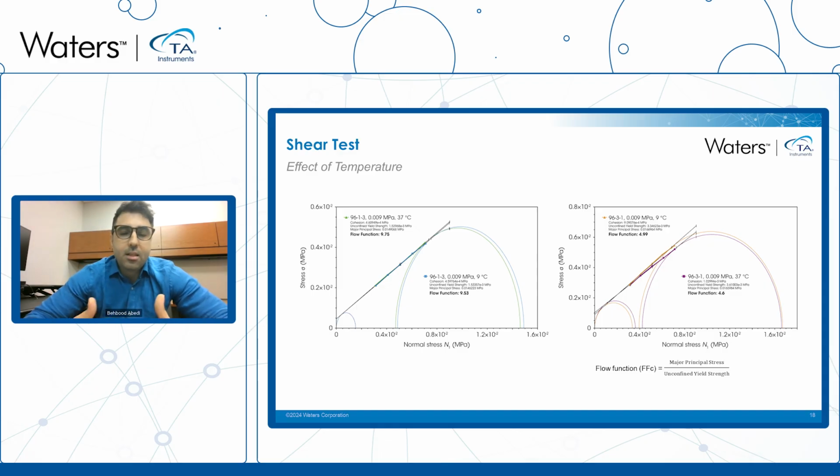So you cannot have your first Mohr circle. What we would suggest is to use more points here. If it was the 5 points I mentioned, you can raise the number of points and have more data points. Or when you do this and always get a negative cohesion because your material is not cohesive at all, you are in the free flowing region, with a flow function over 10. You can just say that you're in the free flowing region.